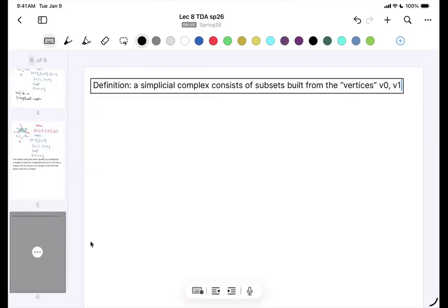Does this mean every simplicial complex must be a power set? Well, it's not necessarily a power set because you don't have to put all the subsets. I'll also make that a side remark because it's a good point. In the power set, you really have to include all the possible subsets.